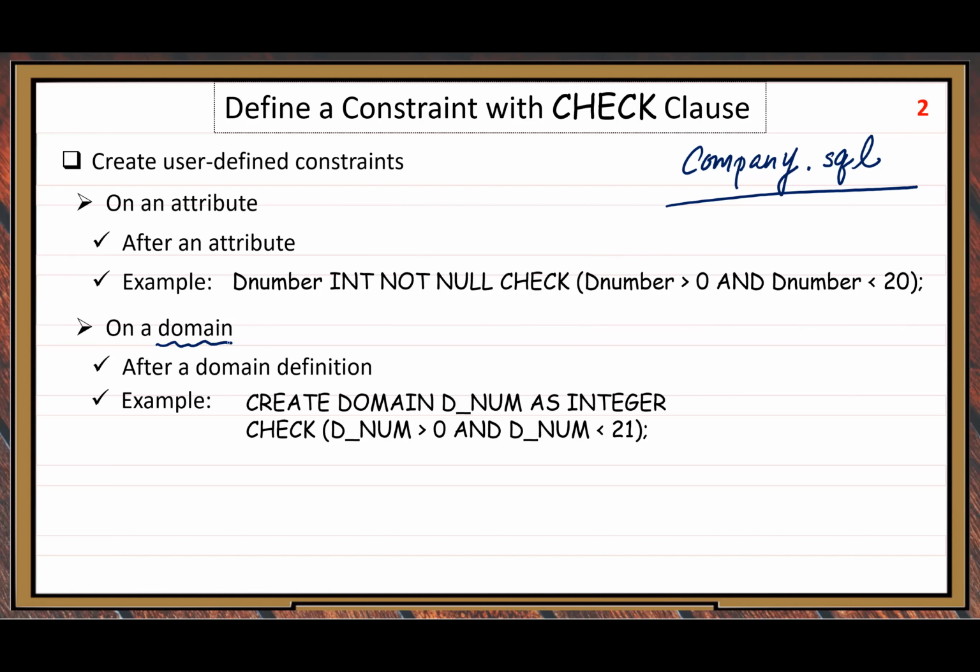Then a check clause to put a range for this domain. The check clause, parenthesis, d_num greater than 0 and d_num less than 21. That's the range.